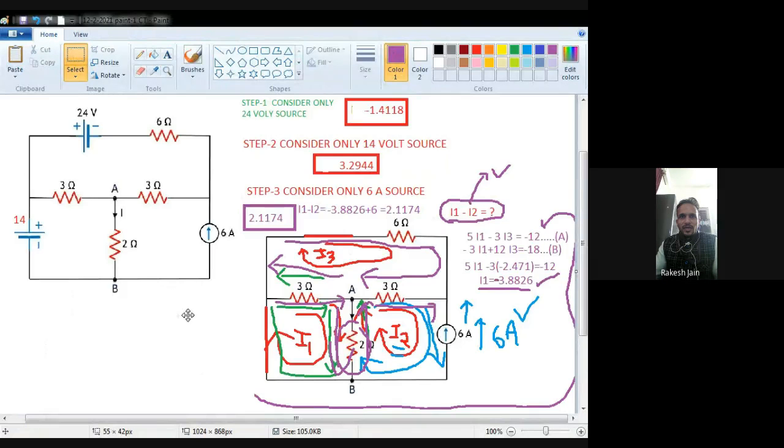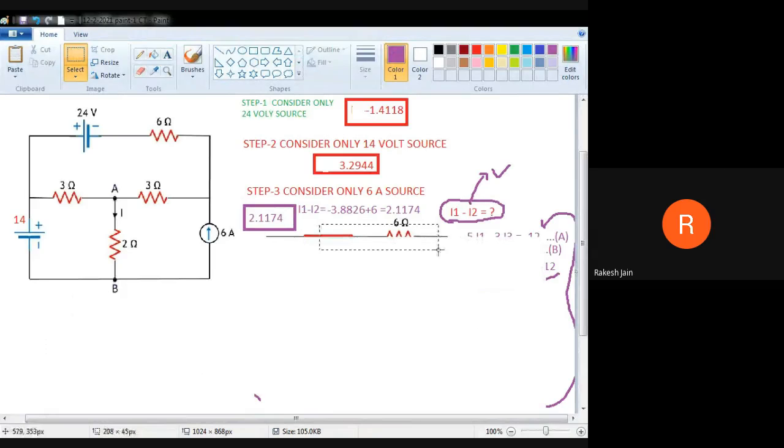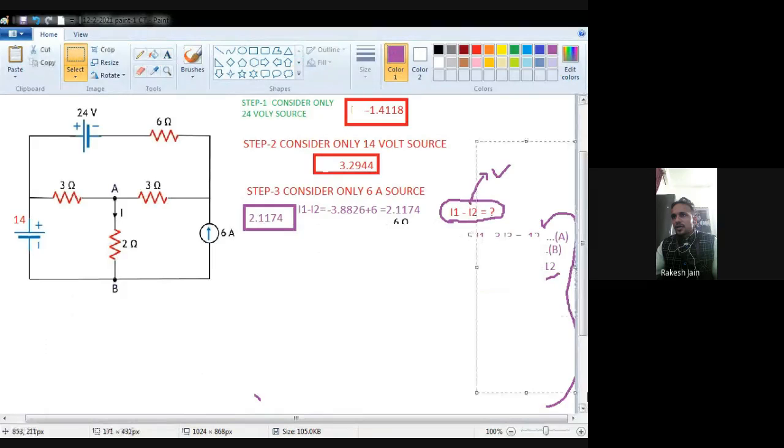I already found I2 as minus 6. Now I find I1. I solve these two equations A and B. To solve these two equations, I create some space, so I remove this calculation from the left hand side. Okay. Now I have to solve these two equations.